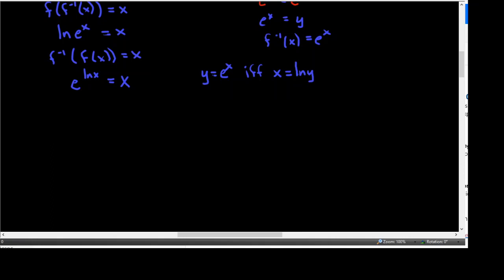So you'd want to memorize these two things. The if and only if means that if y equals e to the x, then x has to be ln of y. It also means that if x is ln of y, then necessarily y will have to be e to the x. It's a two-way street. That's what if and only if implies: given one, the other one has to be true. So that's what we call the definition of the natural logarithm and the exponential function.